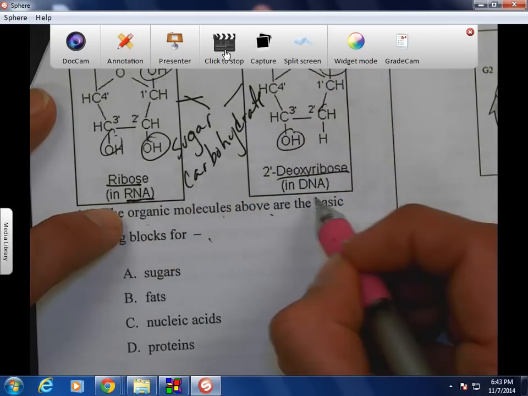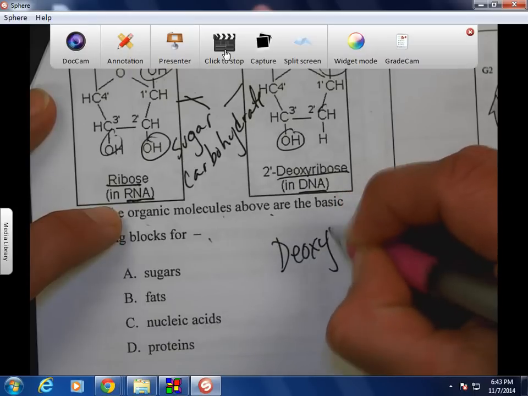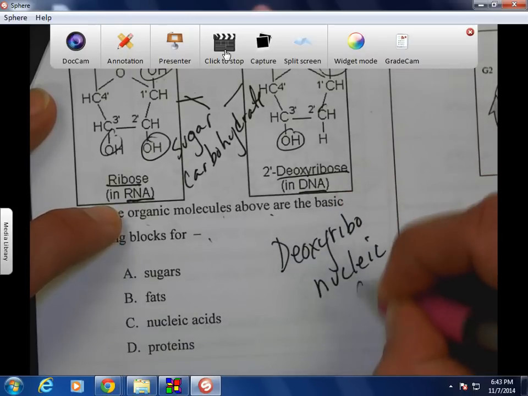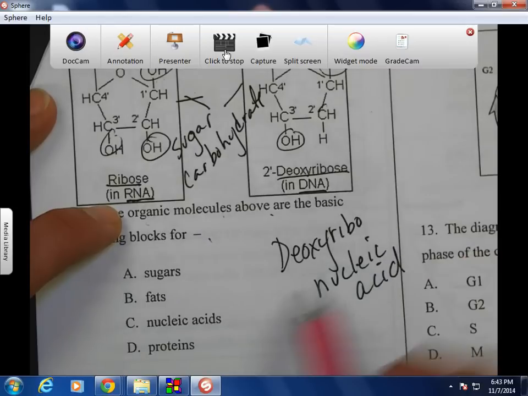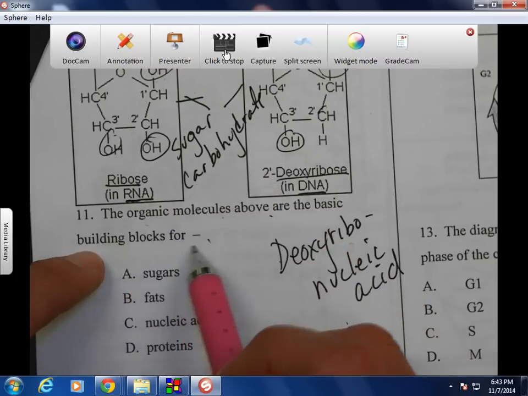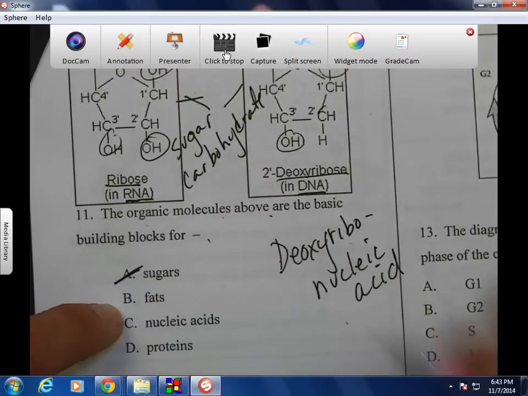RNA, and I know that DNA stands for deoxyribonucleic acid. This is a vocabulary word. Well, these are sugars, but it says it's a building block. So not a building block for sugar.